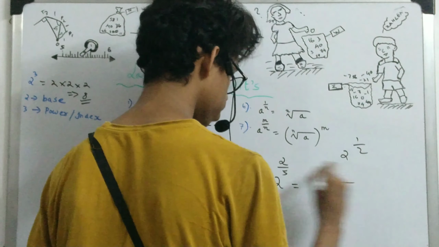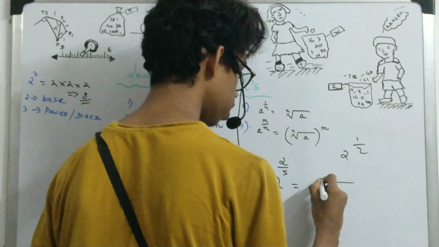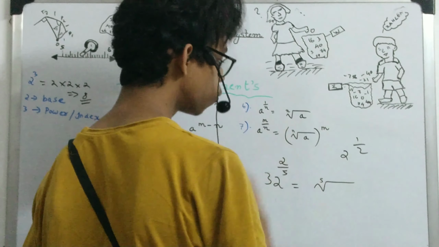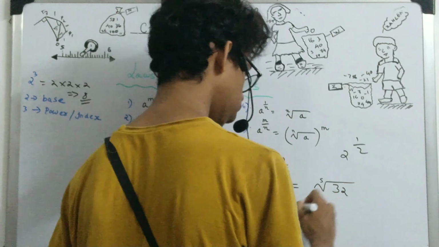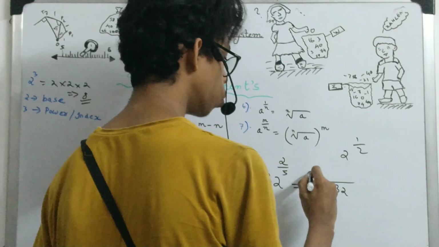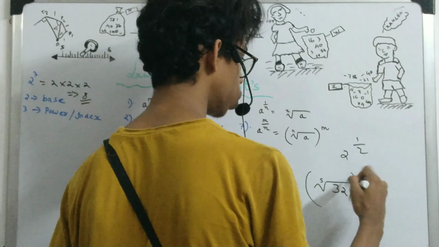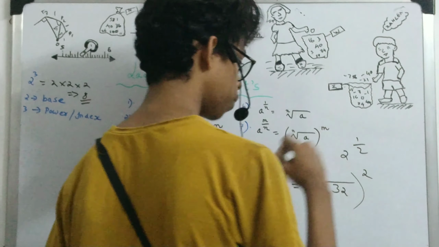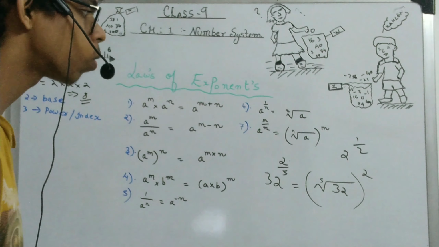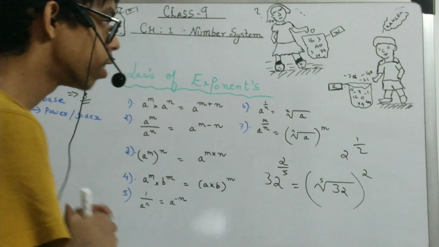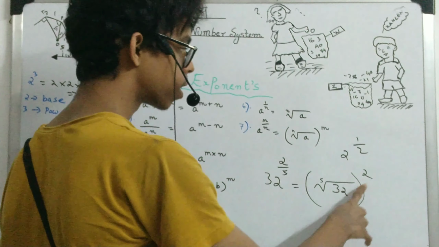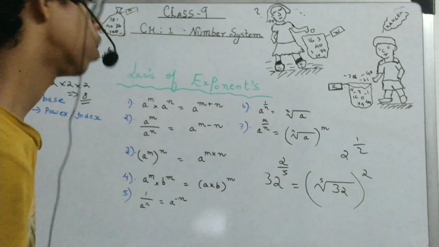Whatever is in the denominator, write it over here, that is fifth root of this base, 32 as it is, and whatever is in the numerator comes as the power of the whole, that is fifth root of 32 the whole squared.